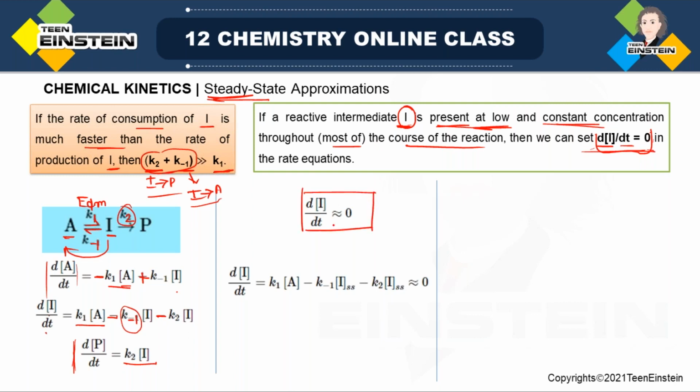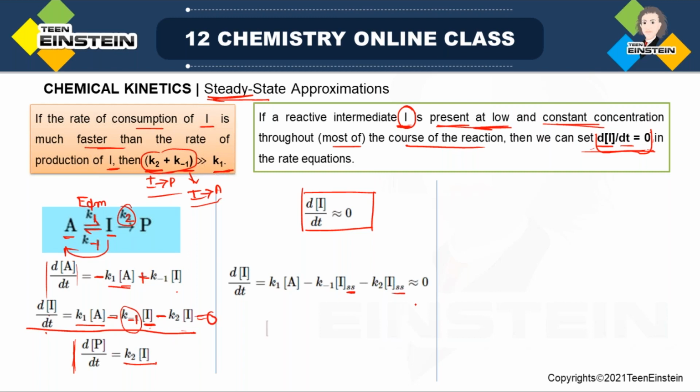So when we are considering this condition, this equation will be equal to 0, right? And see here, instead of writing concentration of I, we have written SS as suffix. Why? Because SS means steady state. Now this equation will be converted to 0.